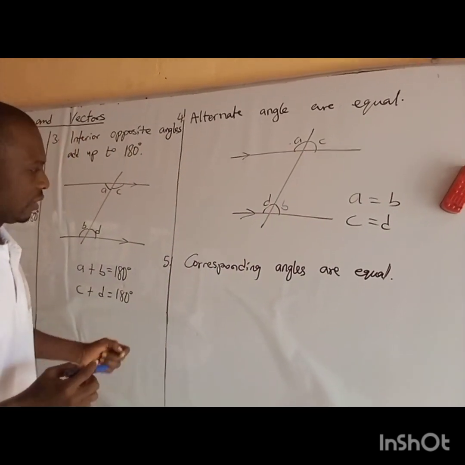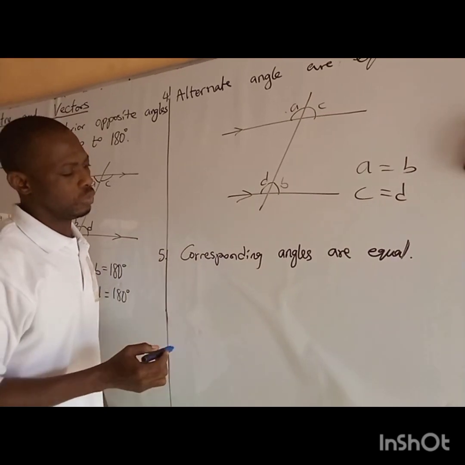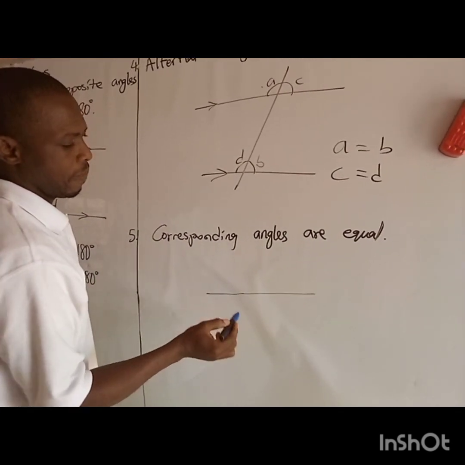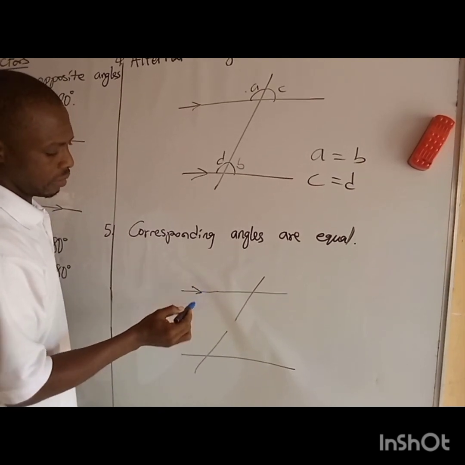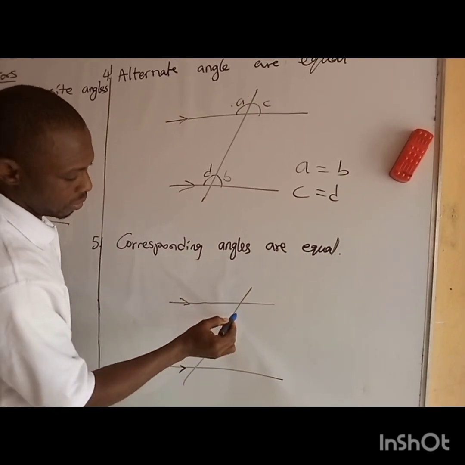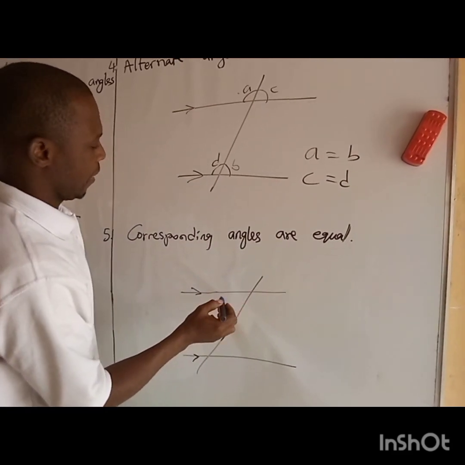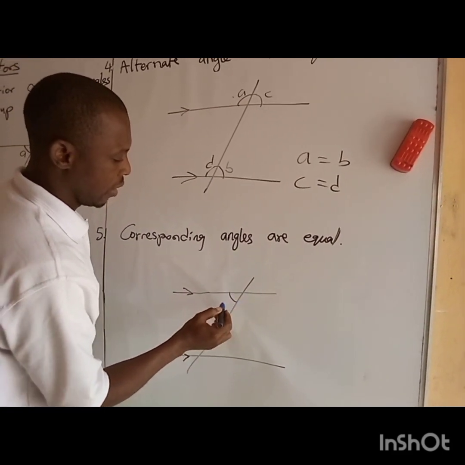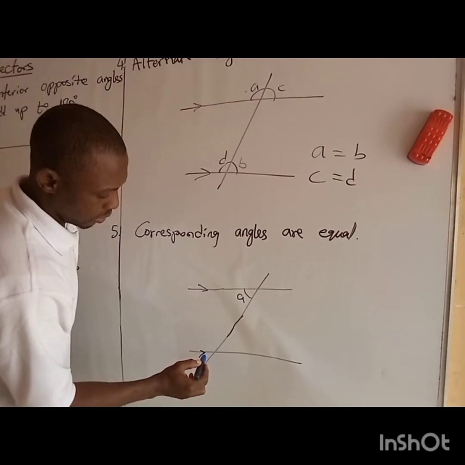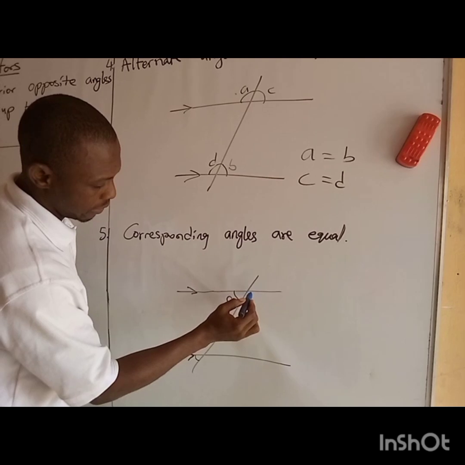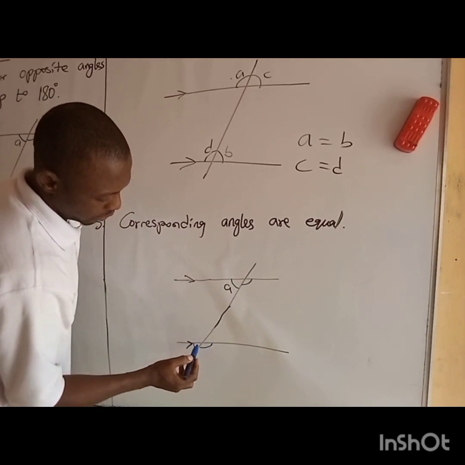Now, the last one says corresponding angles are equal. It also means that if we have an angle, two parallel lines across, and we have an angle here, it is A, it corresponds to this angle, and then this angle also corresponds to this angle.